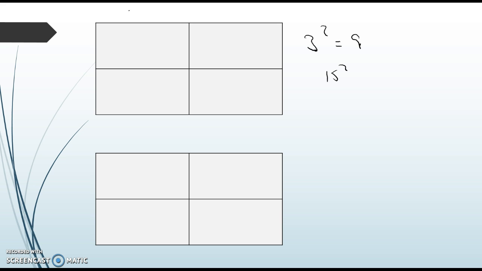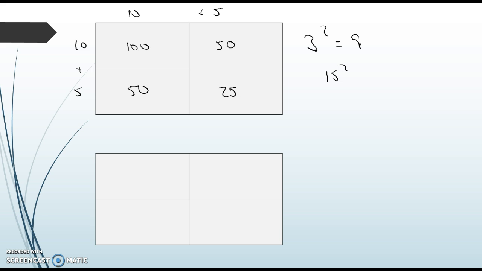So we know that 10 plus 5, 10 plus 5, using our area model, we have 10 times 10 is 100, 5 times 5 is 25. We also have 10 times 5, which is 50, and 10 times 5, which is 50.